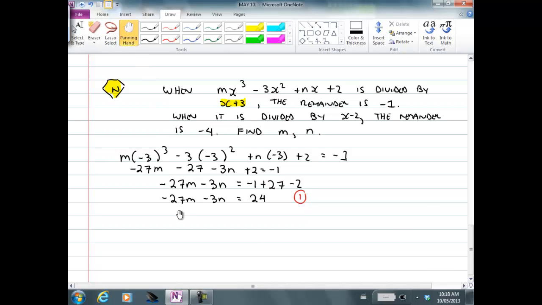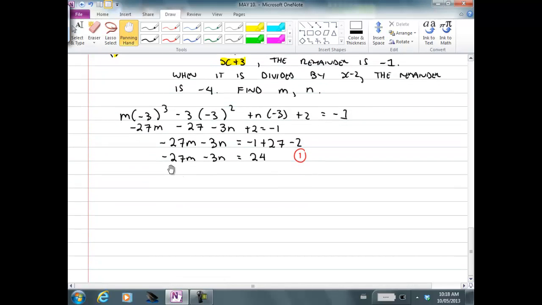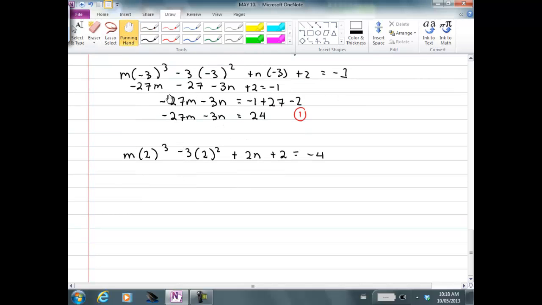For the second one, I'm going to let x be positive 2 this time. So I'm going to do the exact same thing. m times positive 2 cubed minus 3 times positive 2 squared plus 2n plus 2 equals, now be careful, it's not negative 1 anymore. This now is equal to negative 4. I want you to get m and n by itself, just like what we did in equation 1.